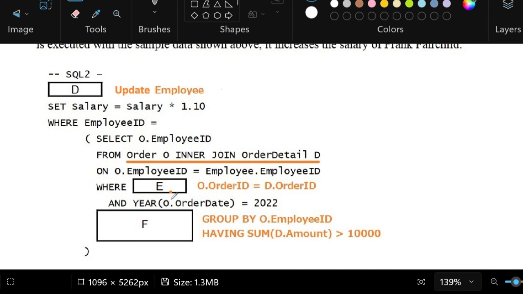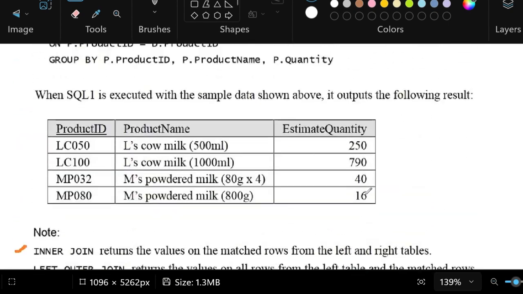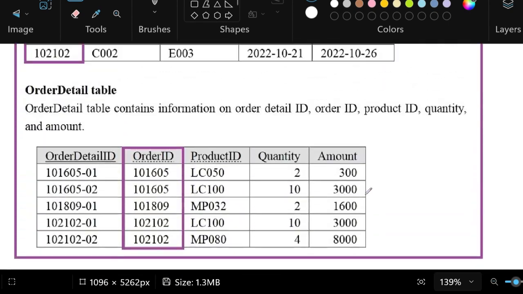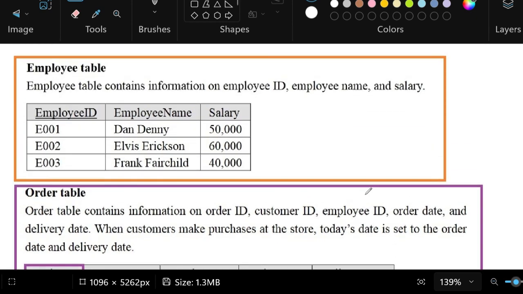Okay, so for blank E, what we need to know is, since we've connected the order and the order detail together, we need to know which ones we are going for, so that we'll know if the sum amount is greater than 10,000. And to do that, we can look at the tables. Let's start first with the employee table, and we can see that the employee ID is here.